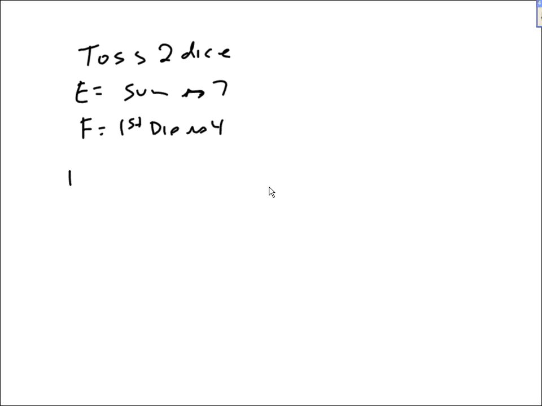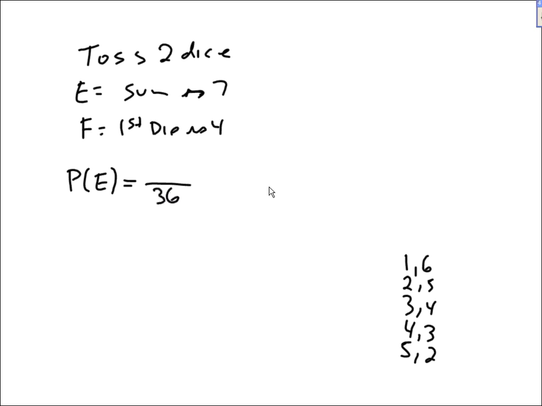Okay, so the probability of E, the probability that the sum is 7. Well, there are 36 different outcomes when you toss 2 dice. How many of them are 7? Well, you have 1 and 6, and 2 and 5, and 3 and 4, and a 4 and then a 3, and first a 5 and then a 2, and a 6 and a 1.